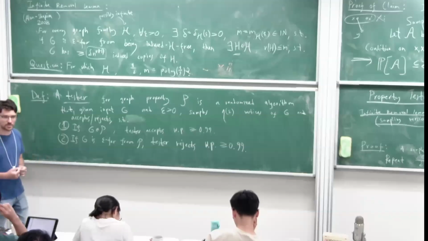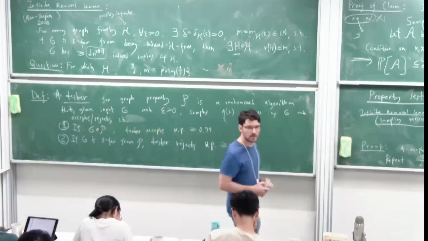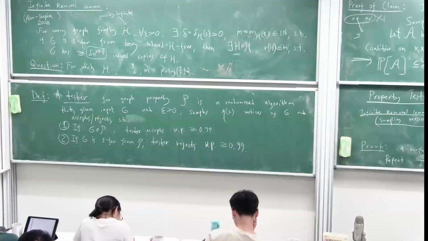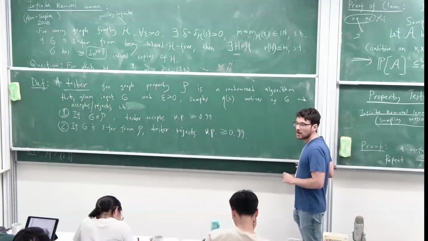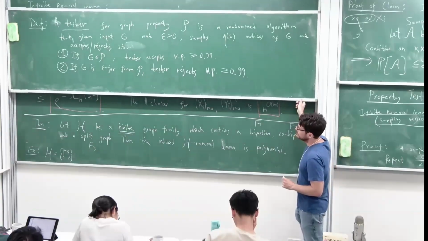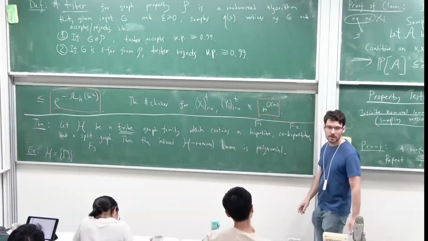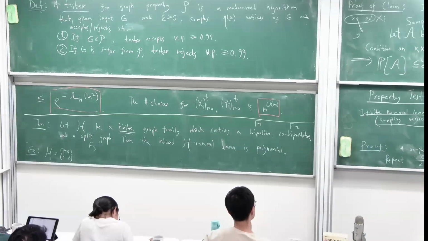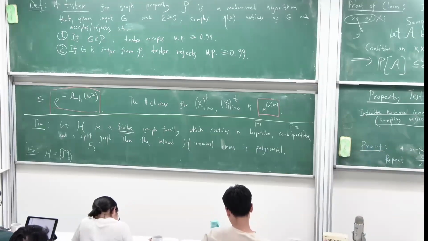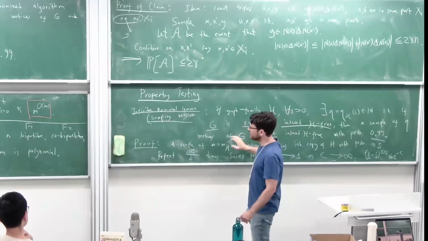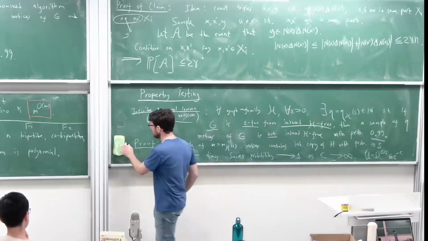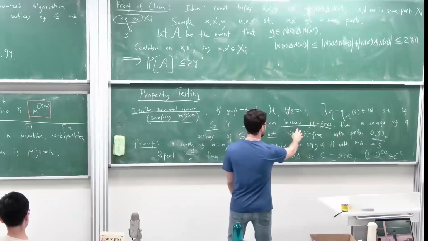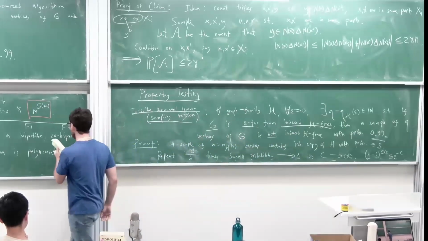Okay, question on the definition? Okay, so actually, this theorem that we have here implies a tester for many, many properties, for any property which is of the form induced H free. So let's see why it is true.